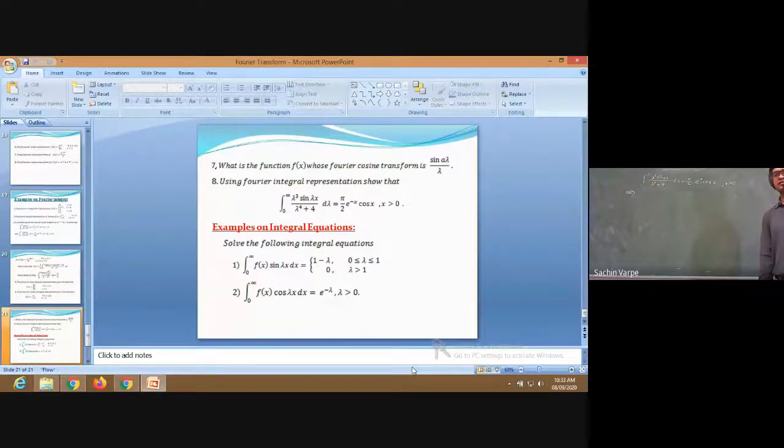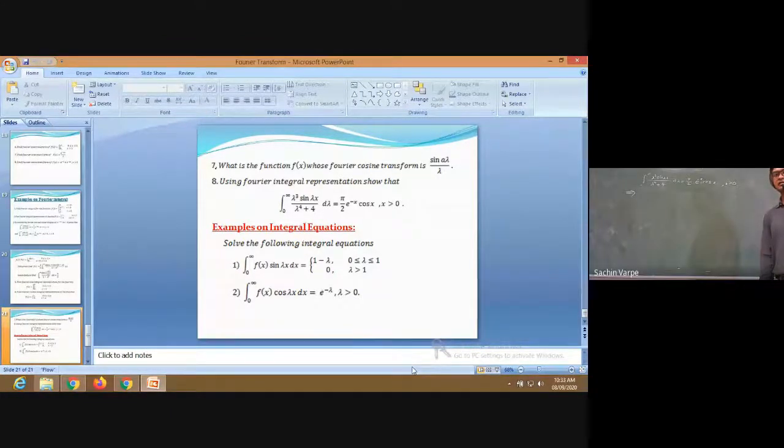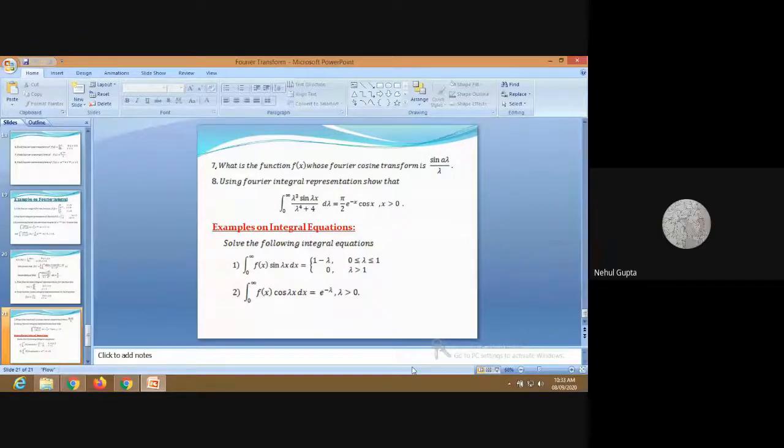So Fourier sine integral. Yes, because we have lambda cube upon lambda 4 plus 4 as f of lambda, and sine lambda x d lambda.